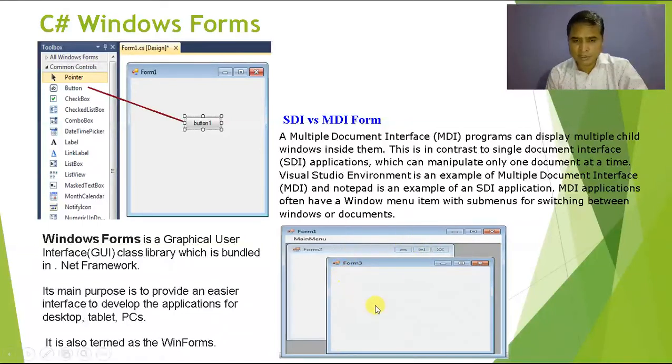Here I am displaying Form1, and within this Form1, Form2 and Form3. Form2 and Form3 are child forms of Form1. Form2 cannot move outside Form1, and similarly Form3 cannot move outside Form1. In this situation, it is called MDI.